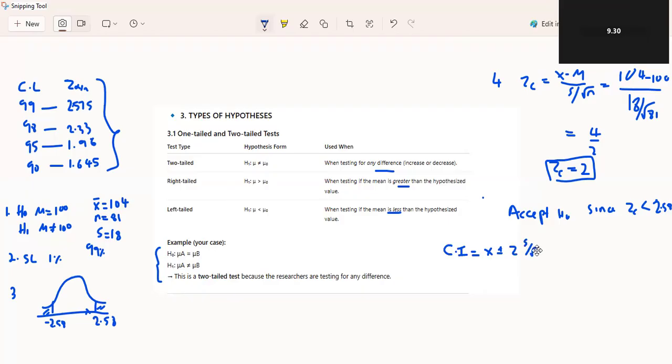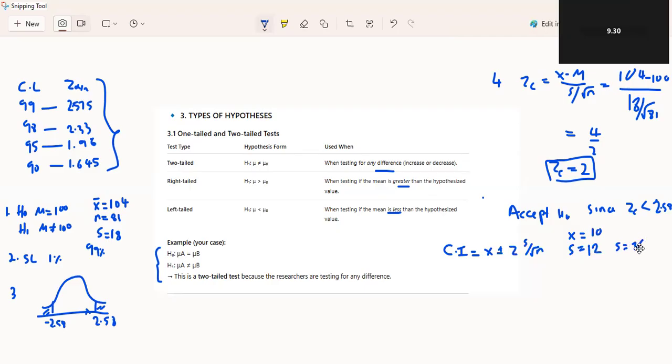So if our mean is 10, for instance, we have our standard deviation as 12, and our sample size is 36. Find a 95% confidence interval.